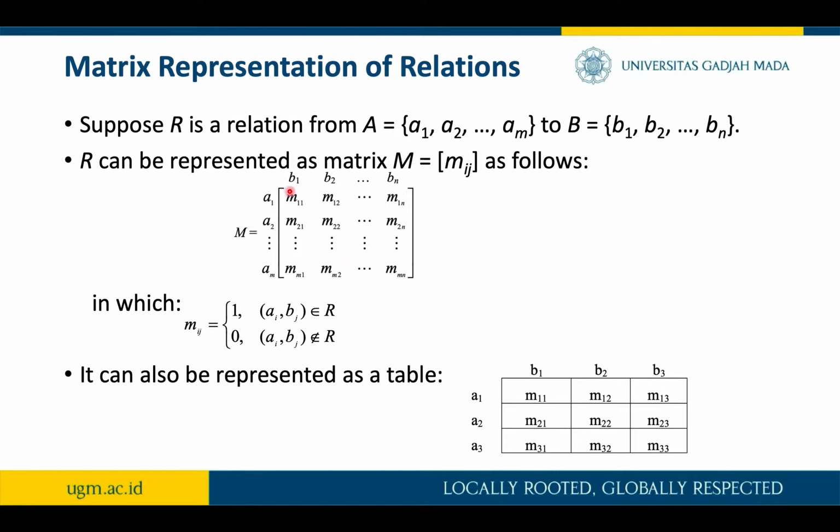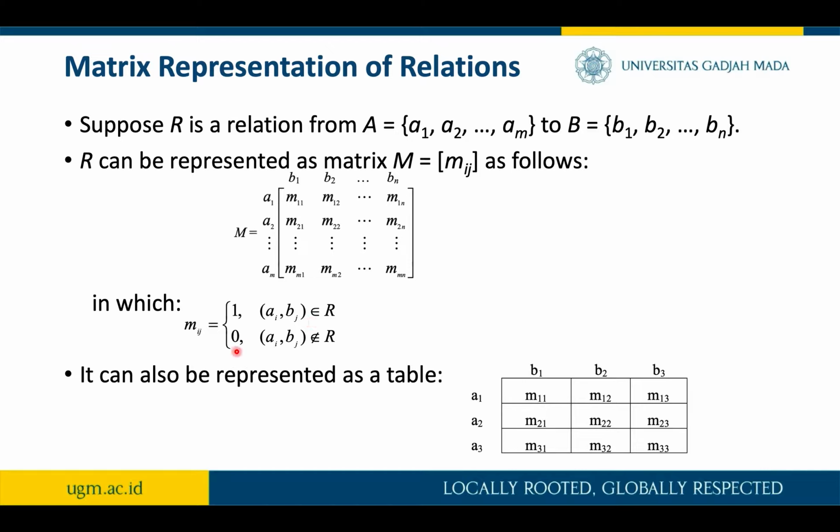The element here only consists of 1 or 0. It will be 1 if (Ai, Bj) is the member of R. It means that Ai is related to Bj.